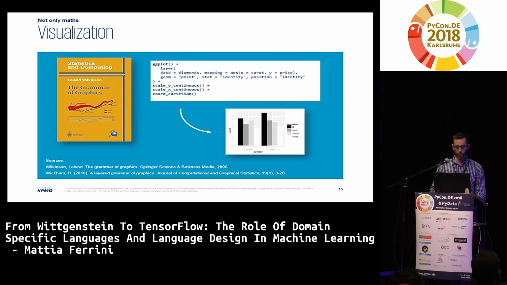We have a lot of very nice examples, such as Wilkinson's grammar of graphics, then implemented as ggplot in R. It's a very beautiful example of an expressive, fluent interface to describe how we could visualize data and turn data into charts.